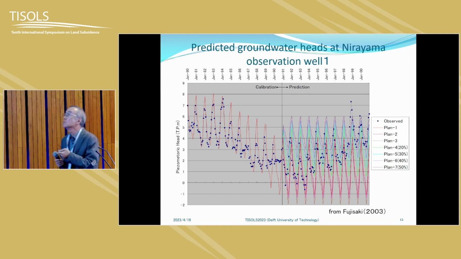But the observed groundwater head recovered to plan 7, the 50% discharge decrease case.